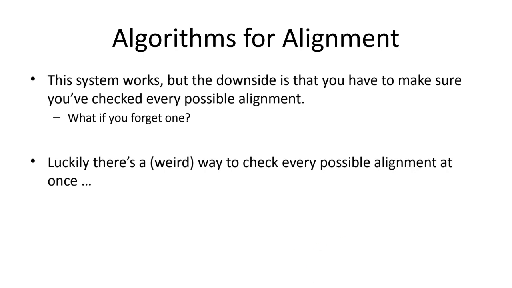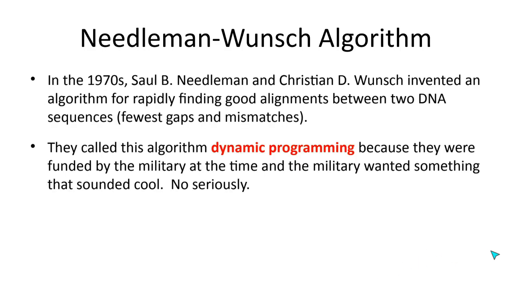The bad news is it's weird. And this is the big thing that I wanted to get to in this lecture: this algorithm for not only applying the scoring scheme, but also checking all possible alignments.